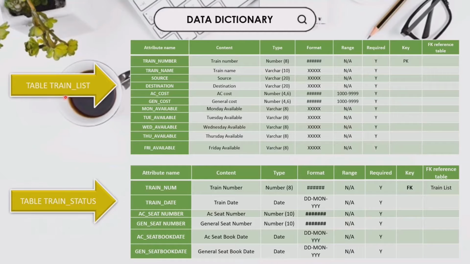First, we have the table train list, which contains 11 attributes and consists of a primary key, which is train number. Second is the table train status, which consists of 6 attributes and contains a foreign key, which is train number, from the train list table.